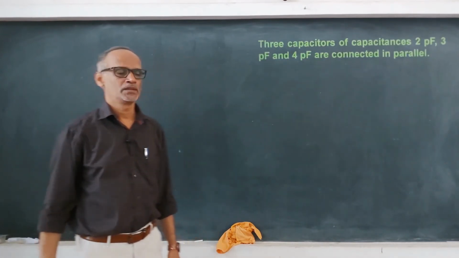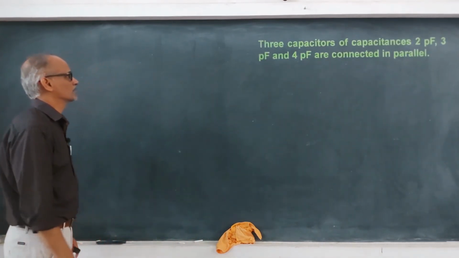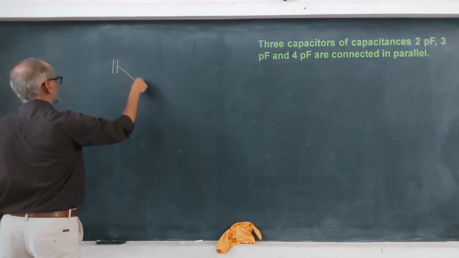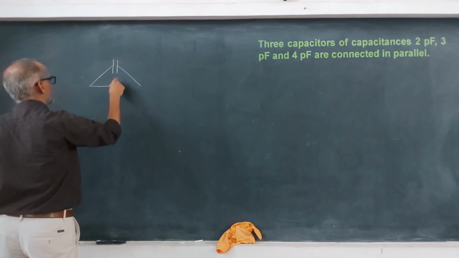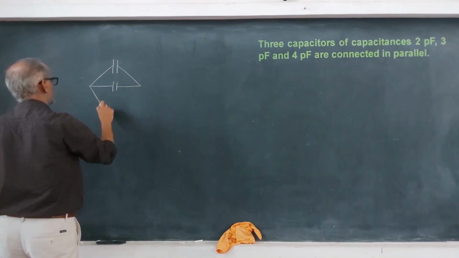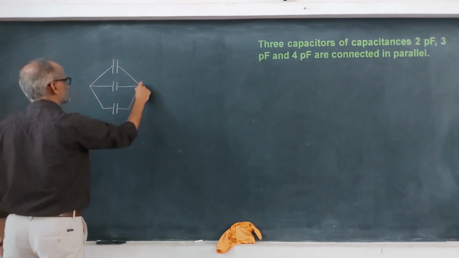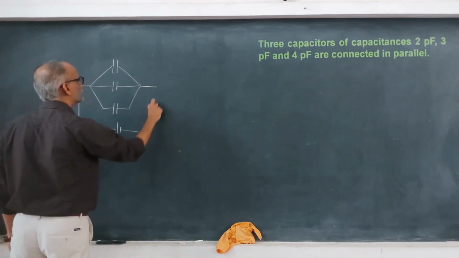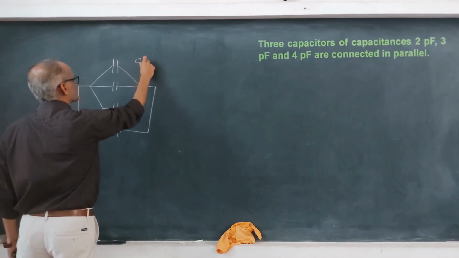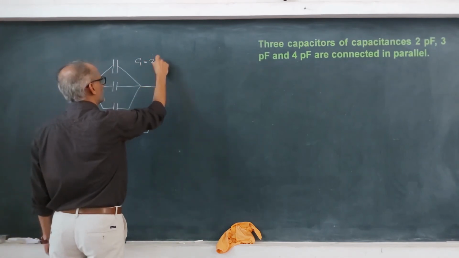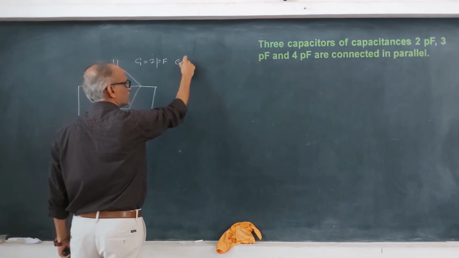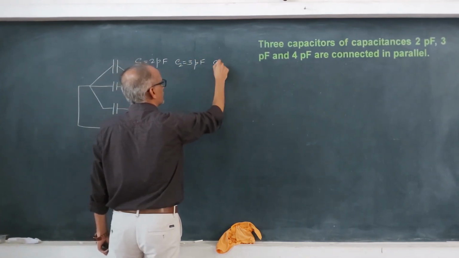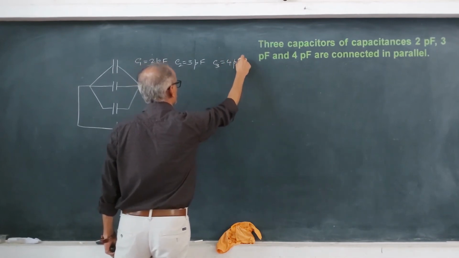Right, so let's again try a numerical based on this. There are 3 capacitors of capacitance. I'm going to draw 3 capacitors, 1 and then 2 and then 3, connected like this to a battery. Their capacitances are C1 which is 2 picofarad, C2 is 3 picofarad, and C3 is 4 picofarad.